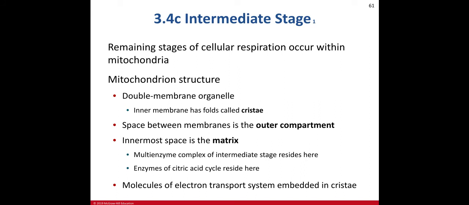So let's look at this intermediate stage or the prep reaction. This is what happens right after we go through glycolysis, and it's going to be the remaining stages in the mitochondria. So in the mitochondria, you've got two membranes on this organelle. The inner part that's all folded and bended together is called cristae.